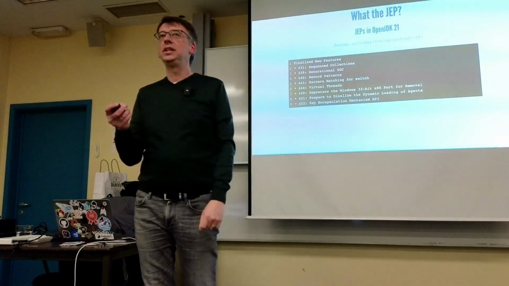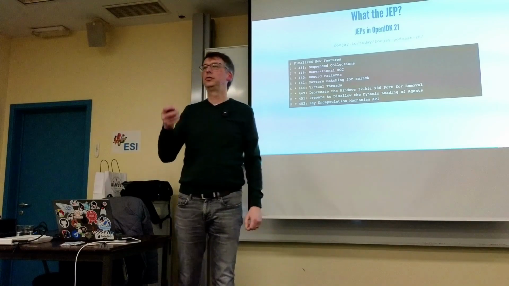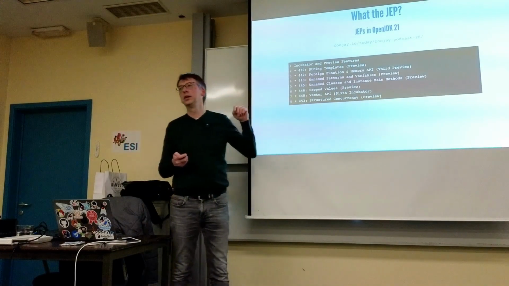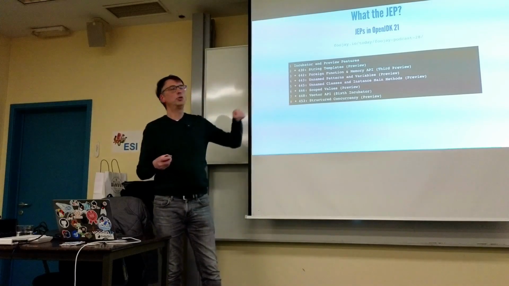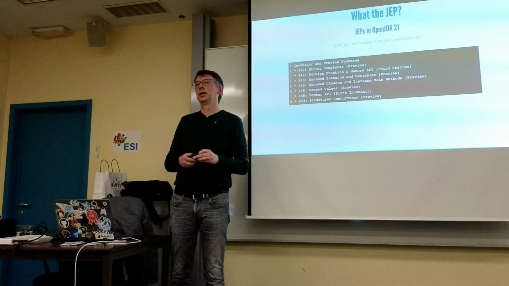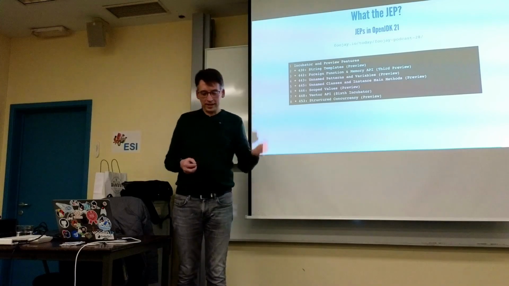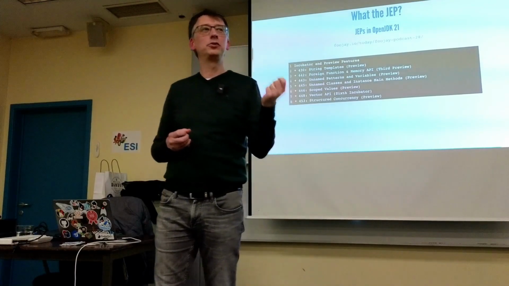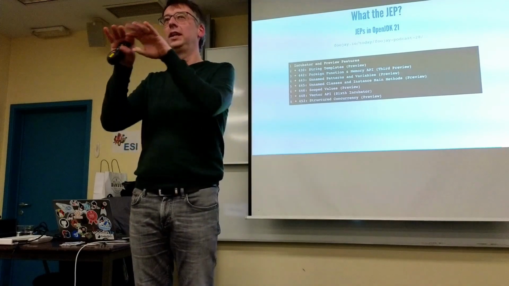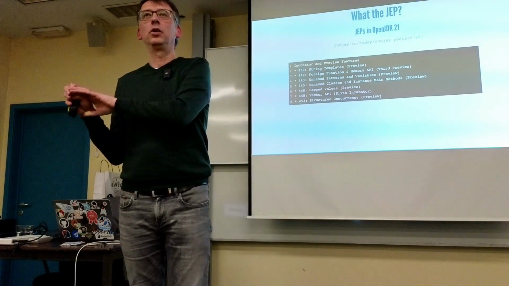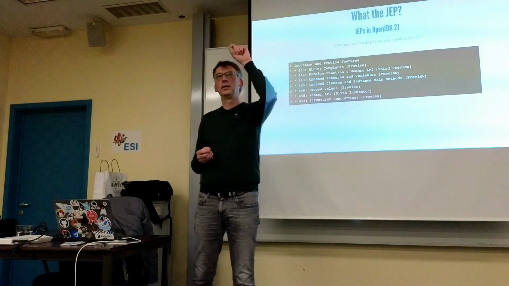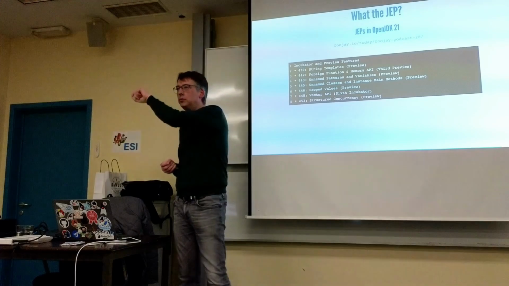But JEPs get into OpenJDK, but not always fully implemented and ready to use. Because also in 21, there were seven incubator and preview features. That means they are there, but you cannot use them. You can only use them if you start Java with enable preview. Also, if you're coding in IntelliJ, you will have to select 21 with preview features.